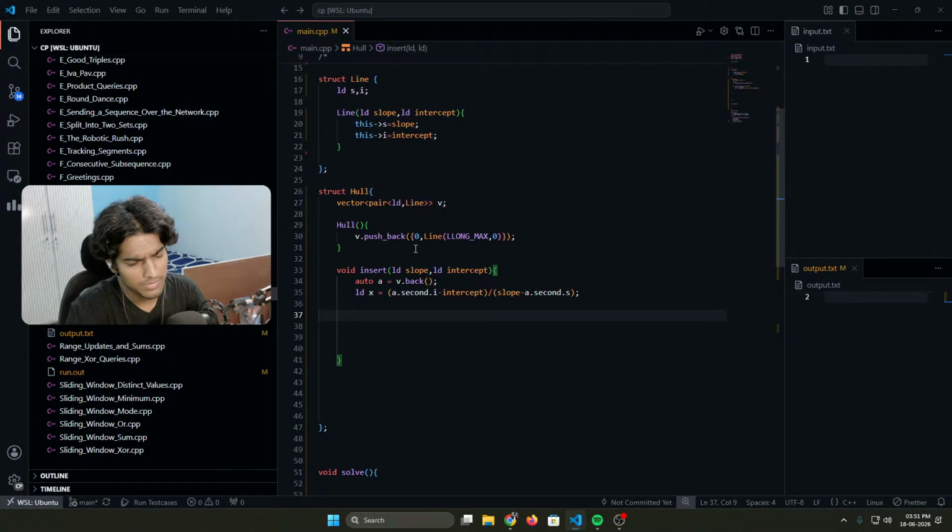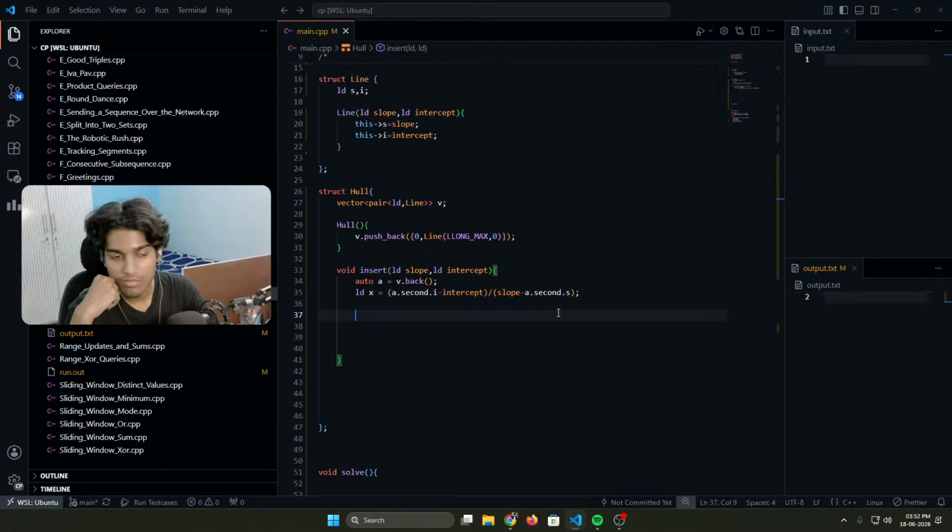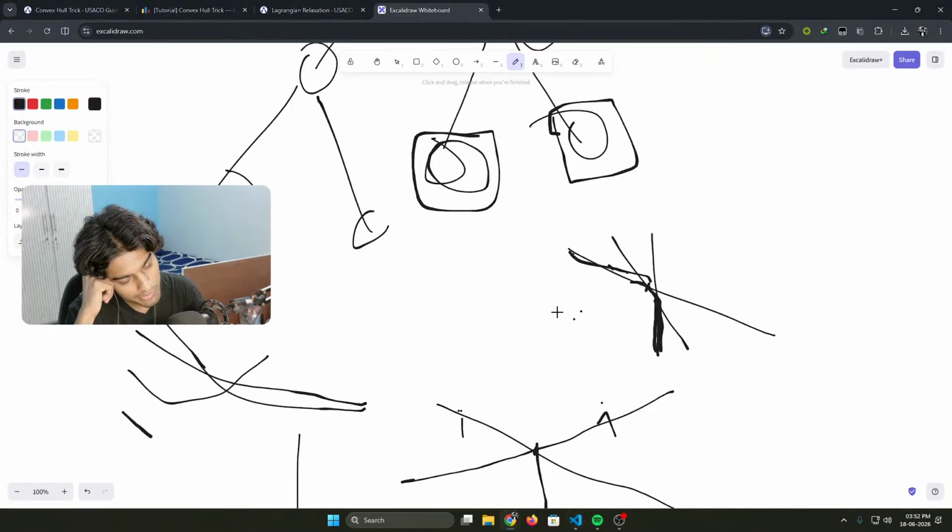Wait, what am I thinking? If another line comes up and it looks something like this, then I have to remove both of them.